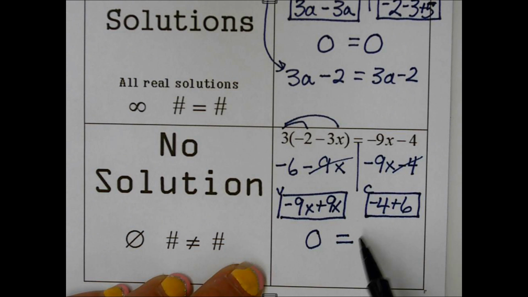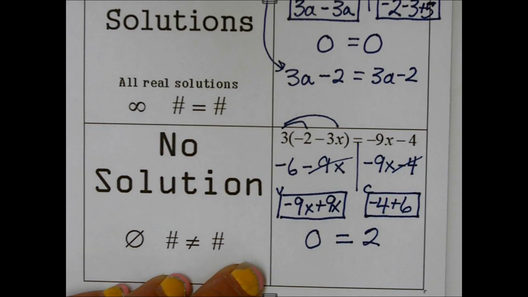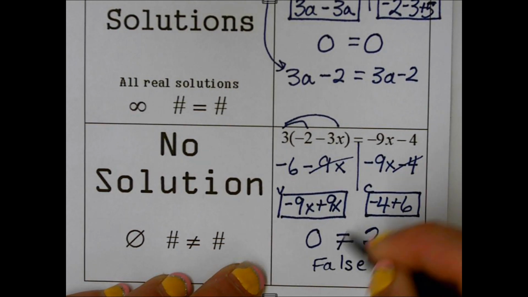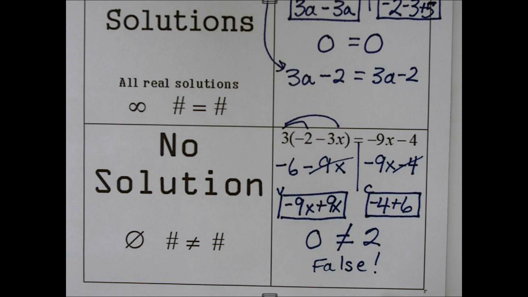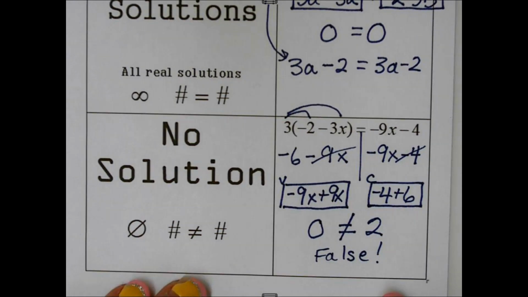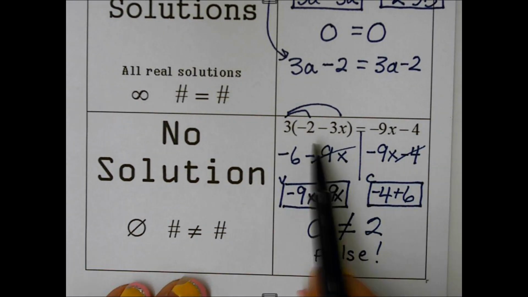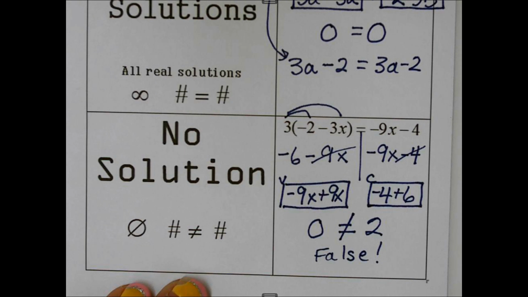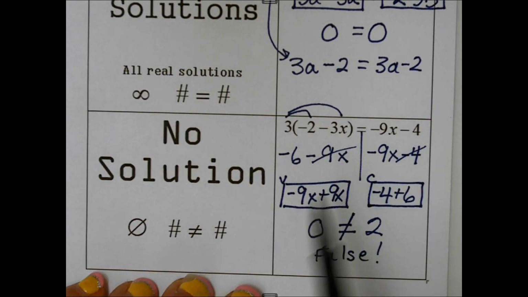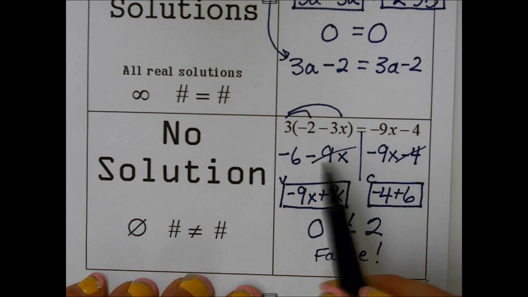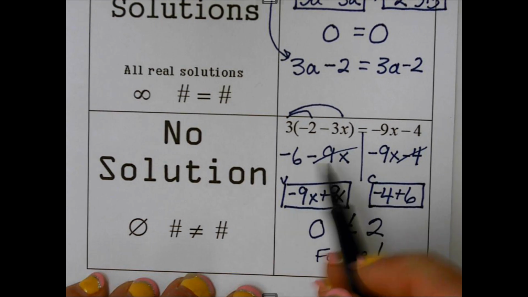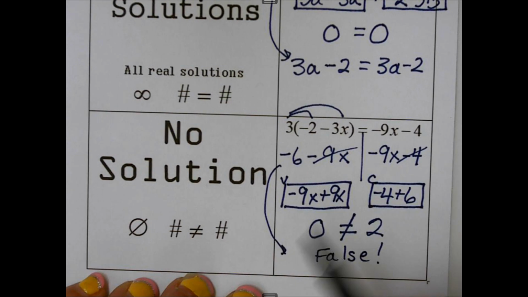Now again, I'm going to go back to this step right here. I'm just going to rearrange a little bit. I'm going to bring it down here. So I'm going to put the variable first, then the constant. If you look at this, we have negative 9x on both sides. Same variable, so those would cancel each other. And some of you then may see, oh, negative 6 equals negative 4.